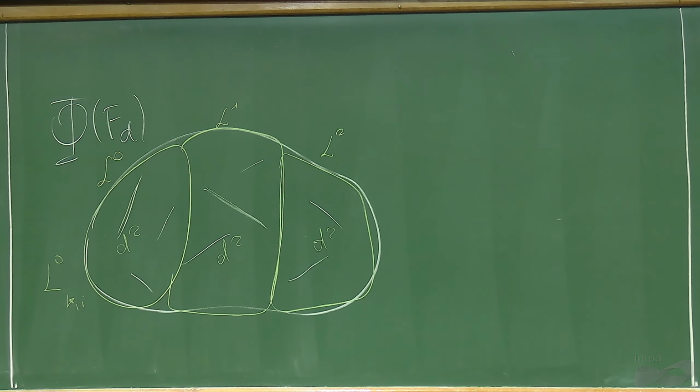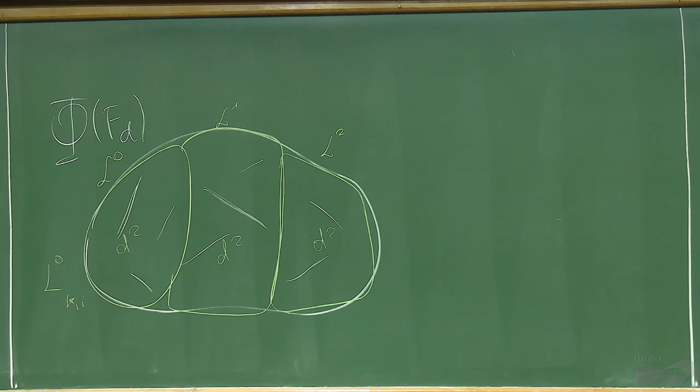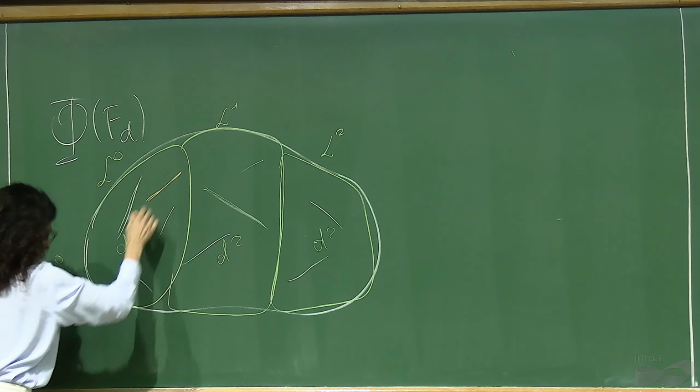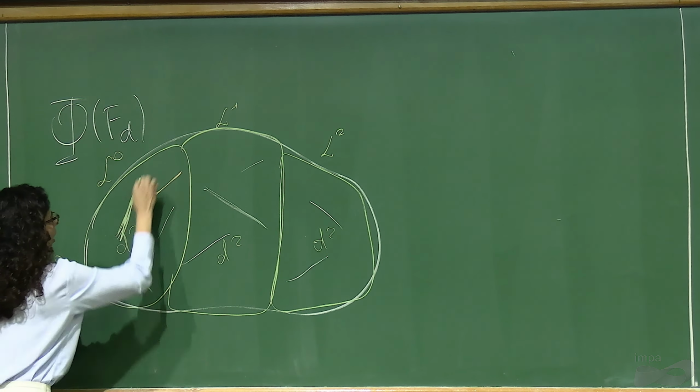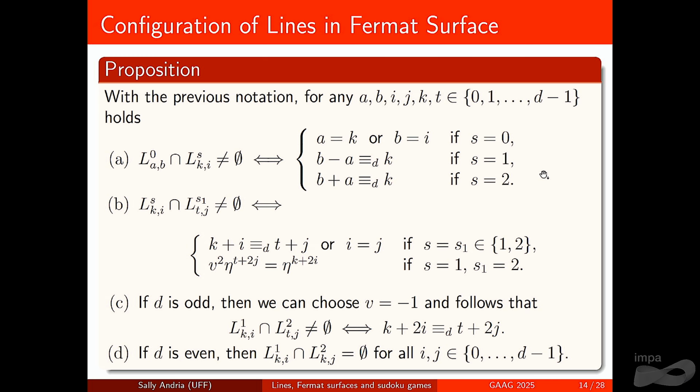So for example, if I take 2 lines in L0, they have intersection if the first coefficients are equal or the second ones. So if I want 2 skew lines here, I need these coefficients to be different. So we return to this proposition when we play Sudoku.